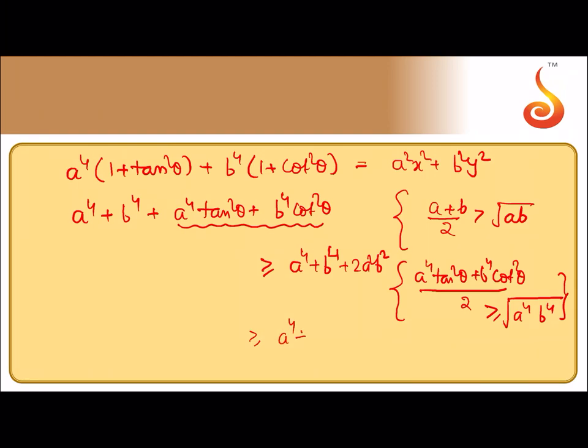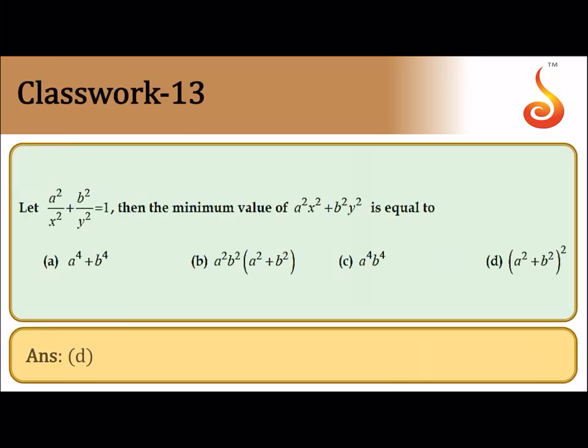If we apply arithmetic mean here, a to the power 4 tan square theta plus b to the power 4 cot square theta by 2 is always greater than or equal to under root of a to the power 4 b to the power 4. So you get greater than or equal to a to the power 4 plus b to the power 4 plus 2a square b square. So the minimum value is a to the power 4 plus b to the power 4 plus 2a square b square.